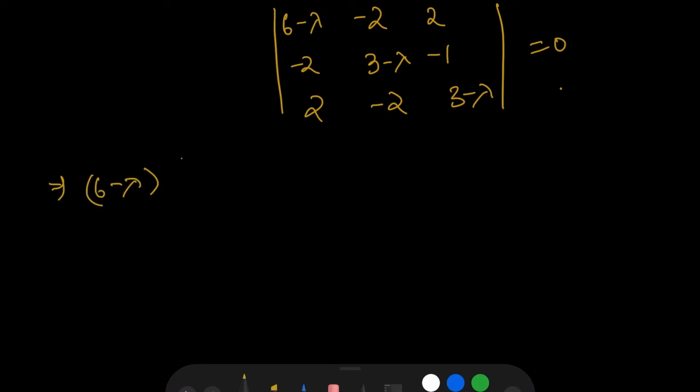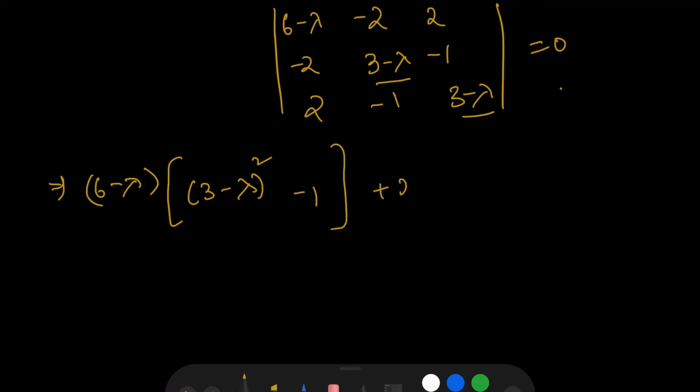So 6 minus lambda into 3 minus lambda into 3 minus lambda, that is 3 minus lambda whole square. I'm sorry, here it is negative 1, not minus 2. So minus 1 into minus 1 into minus 1, right?